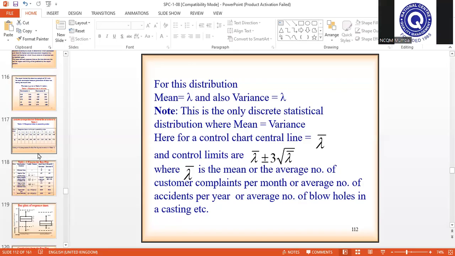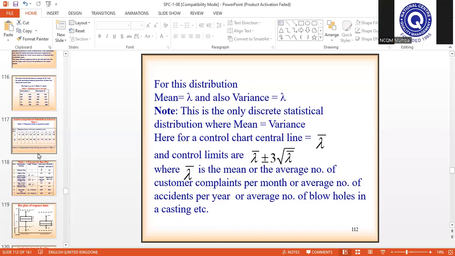1 minus that: 0.1587. That is the area to the right of plus 1. Because of the symmetric nature of the curve, the same area will be there to the left of minus 1 also.